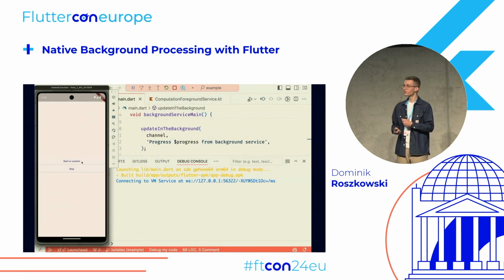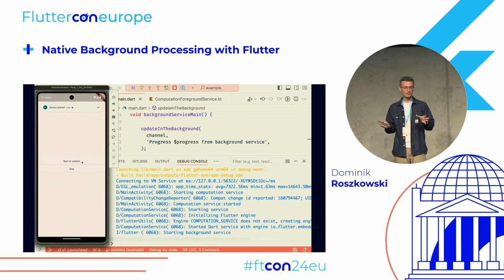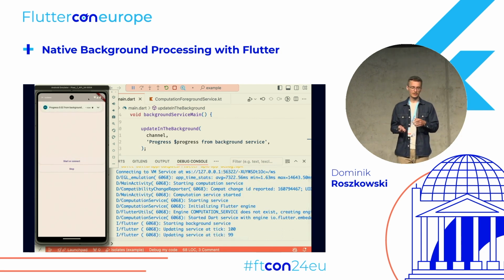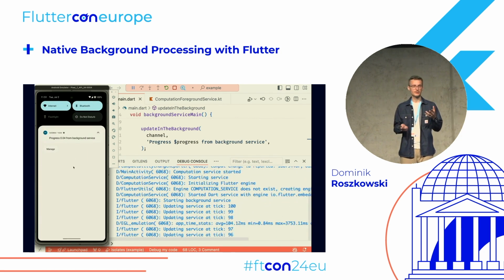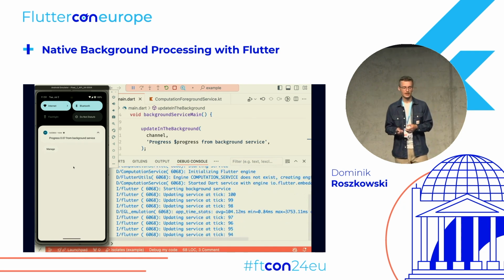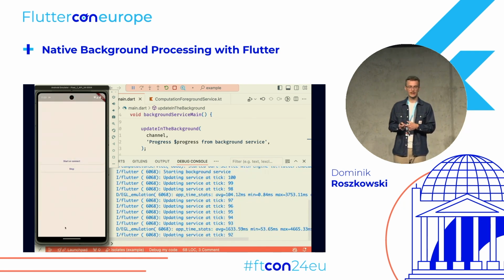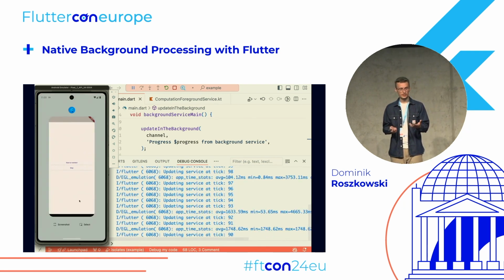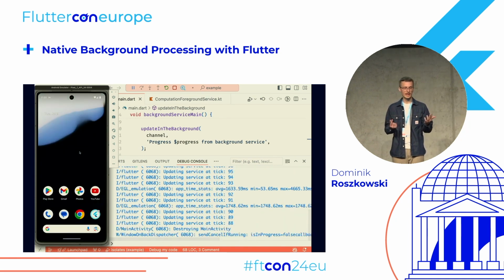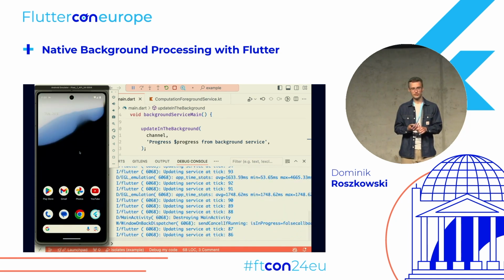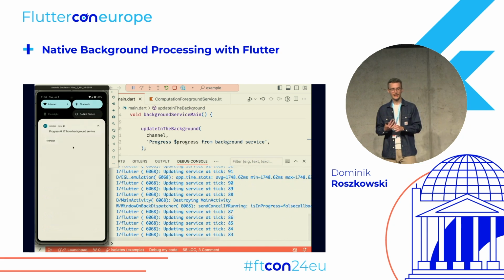Once we have it, we can run the app. There's a little bit more setup necessary, but once we start the service, we are going to see the notification that just goes from 0 to 1. What is cool about this approach is that you can now just swipe away the app. That does not apply to newer Android versions like Android 15.